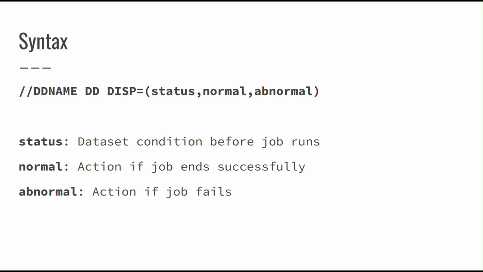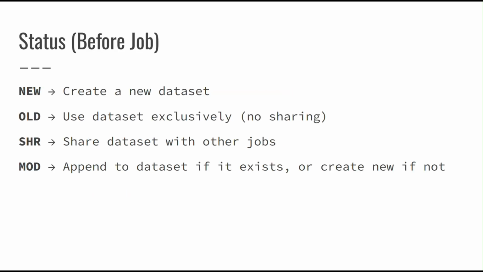In disposition, there are three options: status, normal, and abnormal. Status means the dataset condition before the job runs. Normal means what action needs to be taken if the job ends successfully. Abnormal means what action needs to be taken if the job fails.